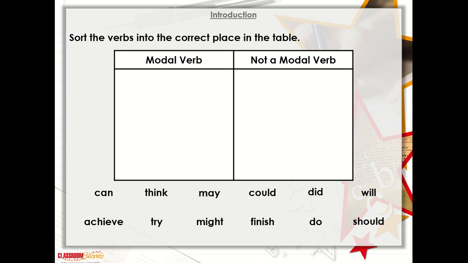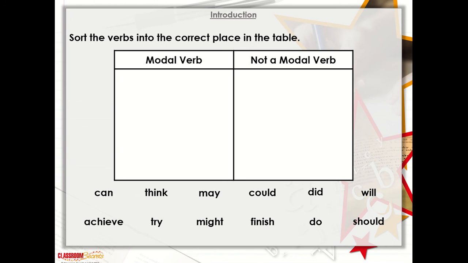Those which are a maybe or a definitely, they would go on the left-hand side, and any ones which are not, they would go on the right-hand side. You can either do this on a piece of paper, or you can just in your head visualize which words you think go in which section. So just pause this video for a moment and have a go at this.